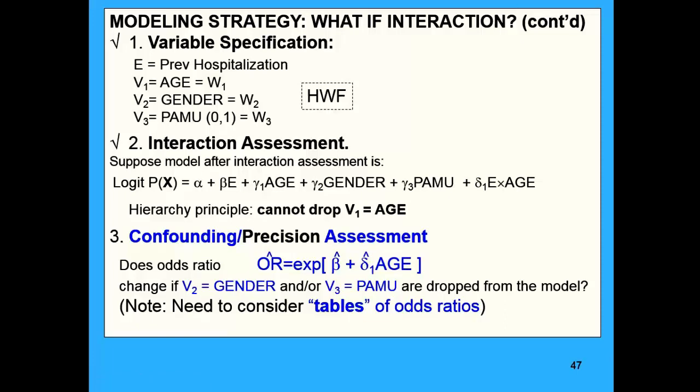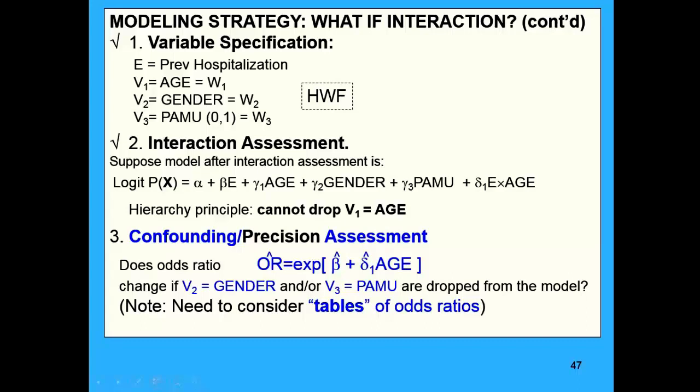If we just use the gold standard model and don't drop gender or PAMU, that's the formula for the odds ratio. But if we drop either gender or PAMU or both of them, this is still the formula for the odds ratio, because it involves the exposure variable coefficient and the coefficient of the product term that involves the effect modifier times exposure. So that's still the formula.